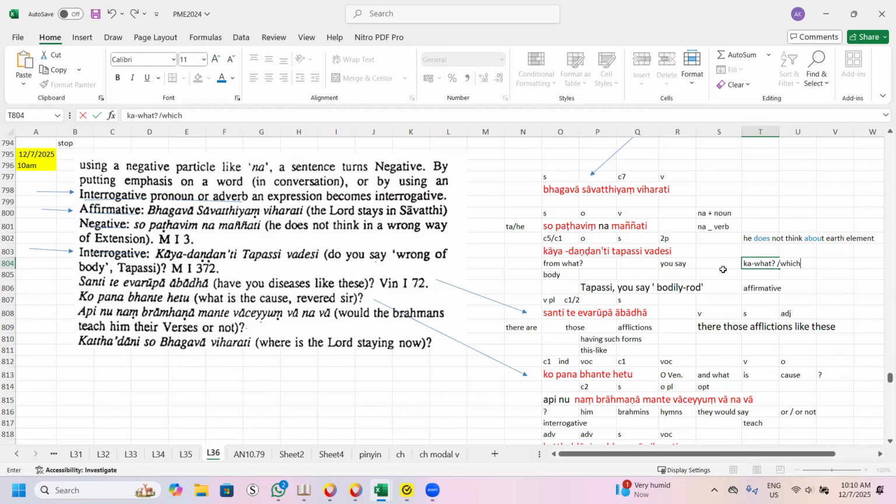Which person, which thing, what thing? So this is all interrogative already. So in this case here, if you look at this word, this refers to body, and then this is rod. This danta is a rod or stick.